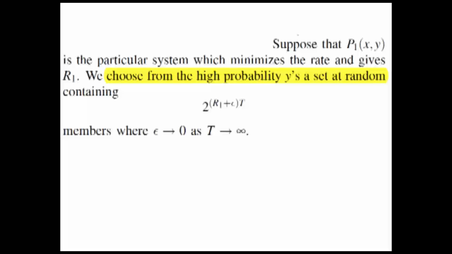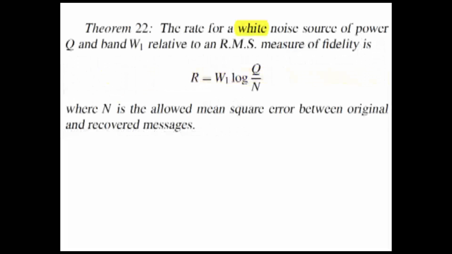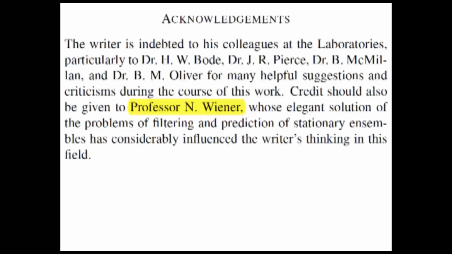So hopefully one day we understand that better, and we'll be able to use distortion measures that are better than just, say, signal-to-noise ratio and so on. Okay, and then he gives, again, the rate distortion function for the Gaussian source, again in the setup of continuous time. All right, so that pretty much brings us to the end.